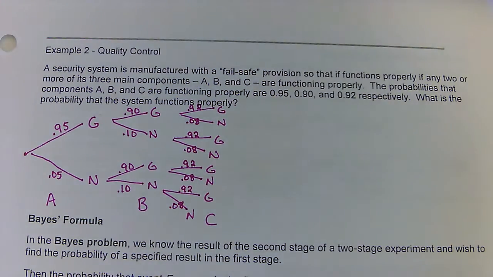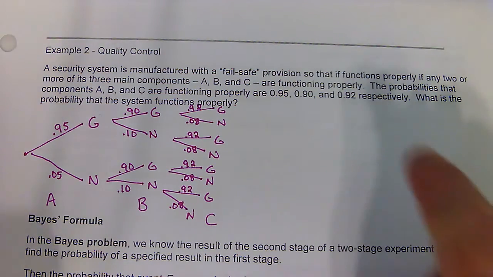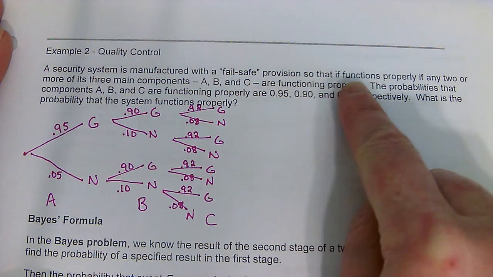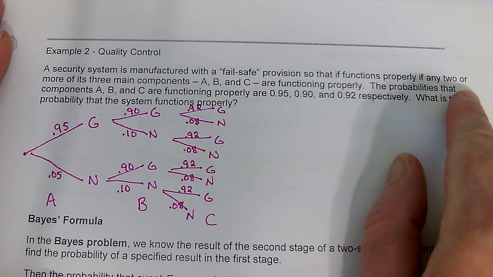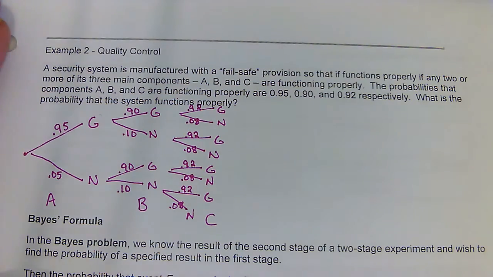So which of these branches will mean that the system functions properly? Let's look back at the beginning. The system functions properly if any two or more are functioning properly. So if all three systems are good, we're good.